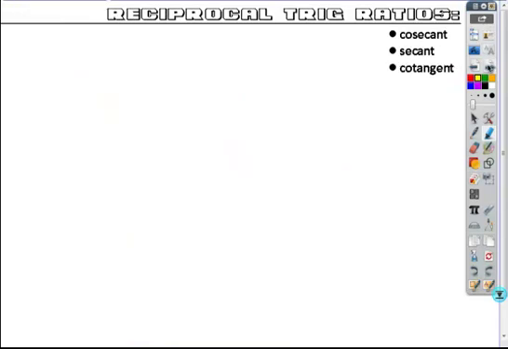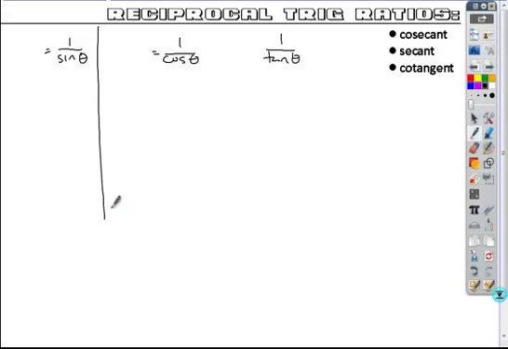Okay, the three trig ratios that you maybe haven't talked about are what's called the reciprocal ratios: cosecant, secant, and cotangent. Okay, and these are the reciprocals of those main sine, cosine, and tangent. Okay, so if you look at, again, sine, cosine, and tangent, if you take each of these and you make them into reciprocals, meaning we just flip the fraction, so 1 over sine is the reciprocal of sine, you're going to find these remaining trig ratios.